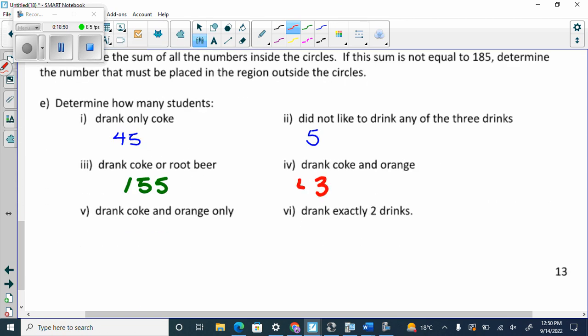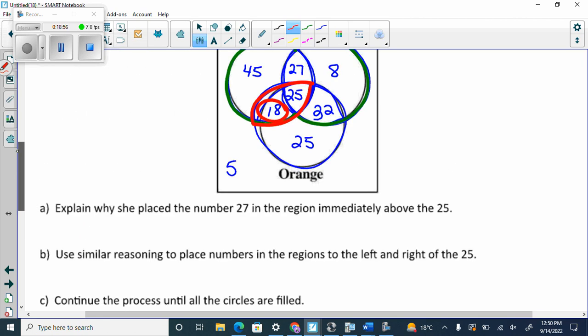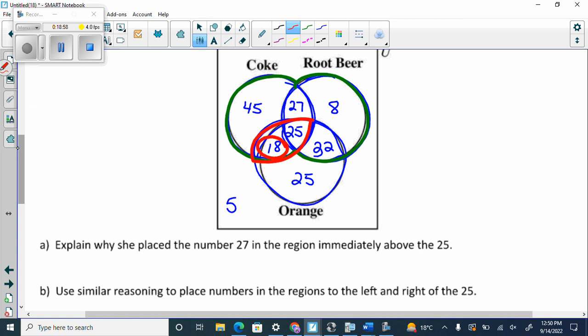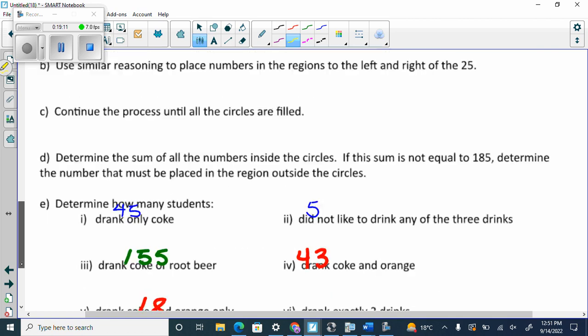And then we have drank exactly 2 drinks. The exactly 2 drinks are these ones. So we get 27, 57, 59, 69, 77. They all shifted. But anyways, that one's 77.